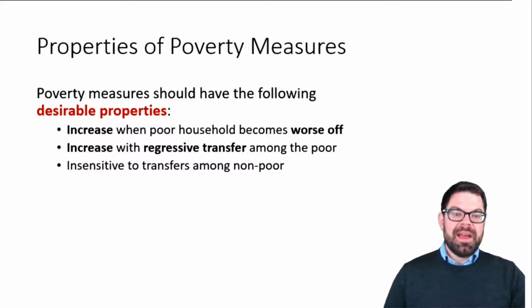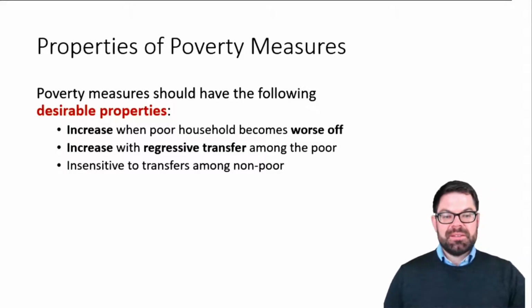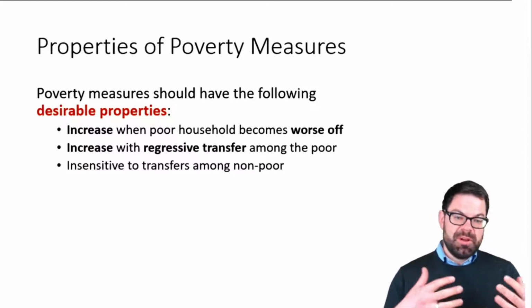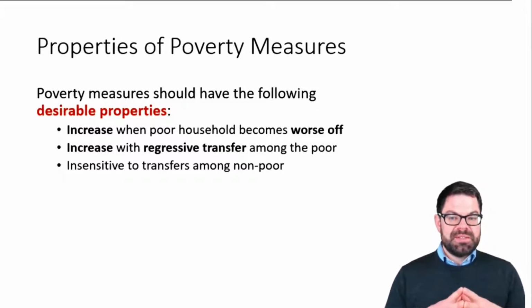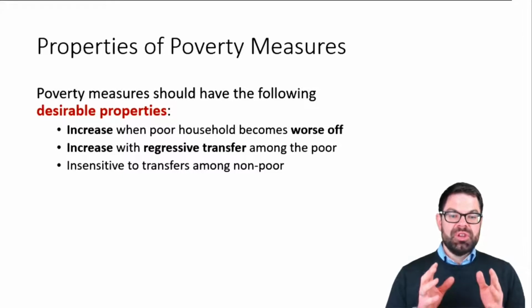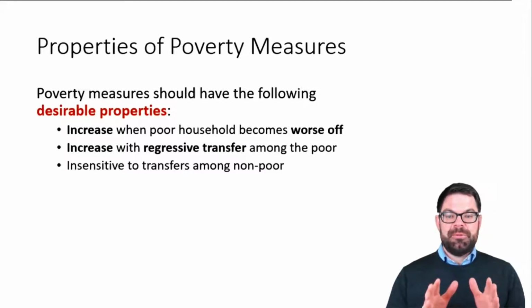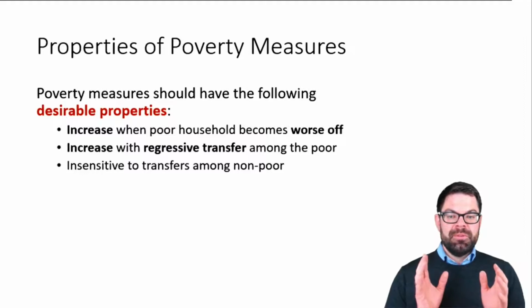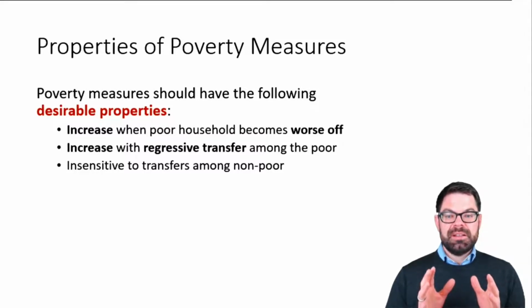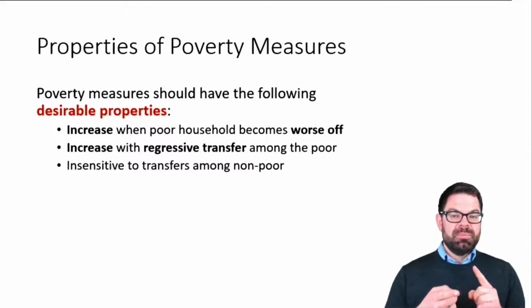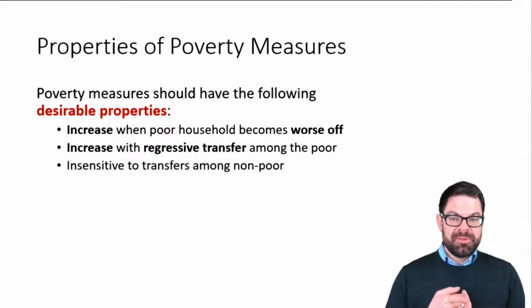Now, as with inequality indices, for poverty measures or poverty indices, we would also like to find some properties that a useful poverty index should at the least have. Now, what should those be? Well, definitely when poor households become worse off, the index should increase.